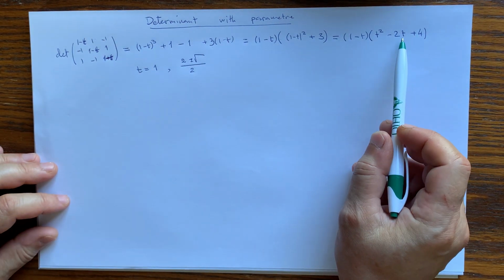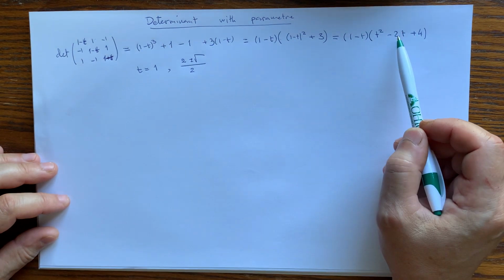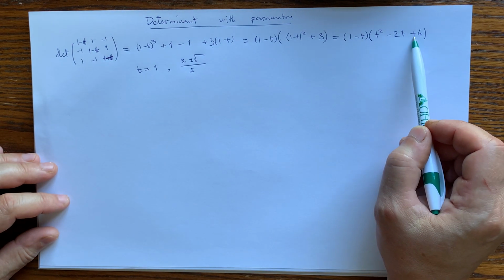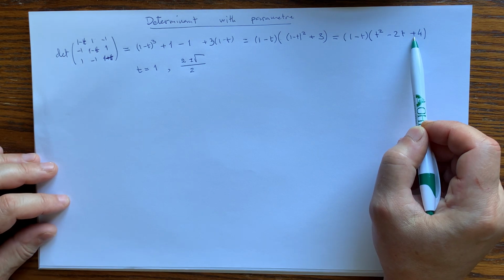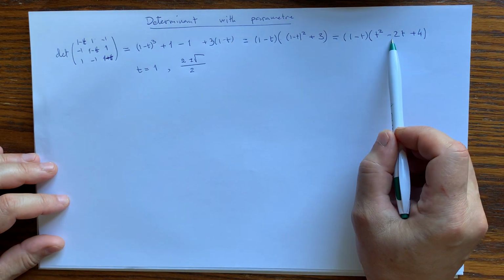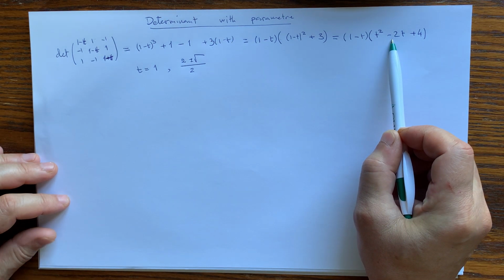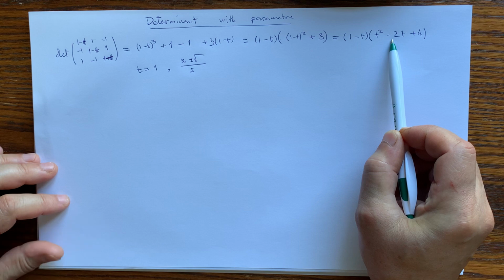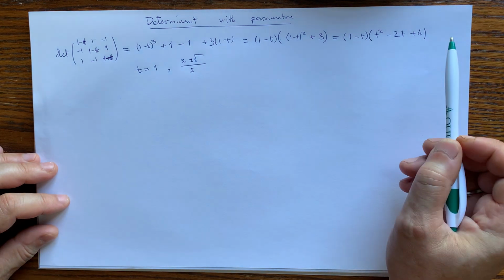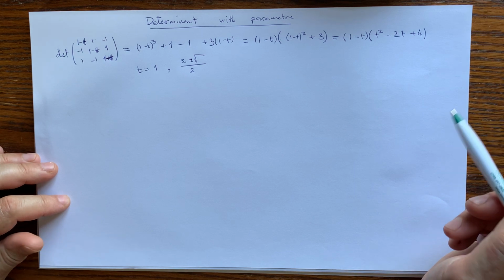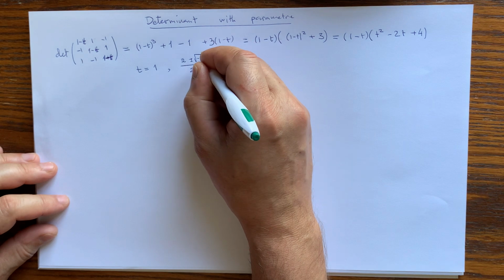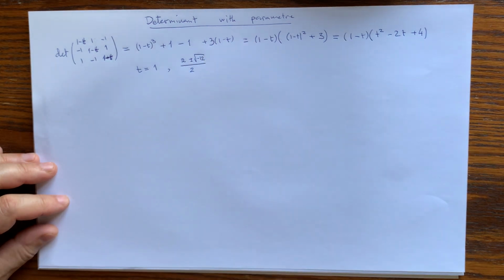And the discriminant, the thing under the root, is the square of this, which is 4, minus 4 times 4, which is negative 16. So subtracting 16 out of 4, the result will be negative 12.